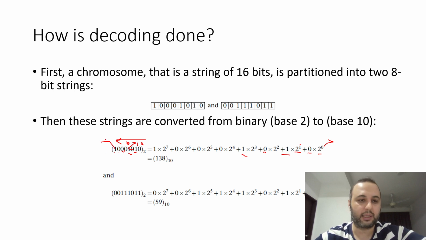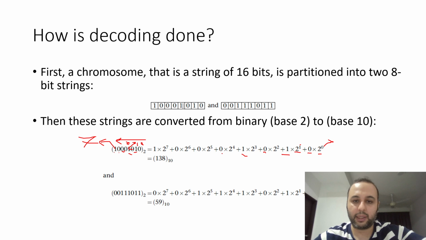The last one is 7. Starting backward from 0 is the easier way. If we go forward, maybe you don't know which number to start with. So 0 times 2 to the power of 0, then index 1, index 2, index 3, index 4, 5, 6, 7.